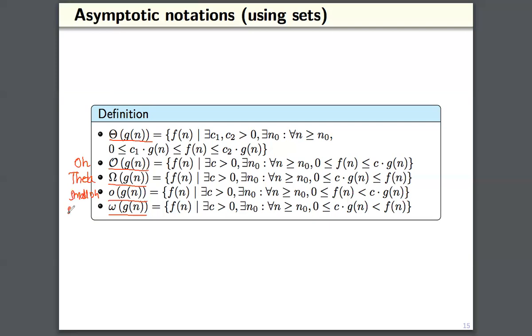This is called small omega, and this is called theta. Oh, I made a mistake. This is omega, sorry. This is omega, this is theta. Or big theta. You can call these big theta, big O, big omega, small o, small omega. Okay.